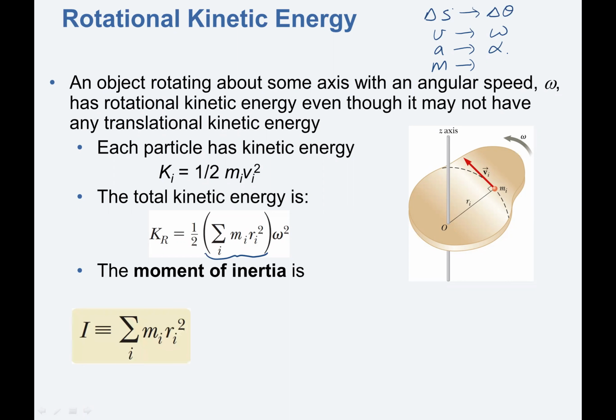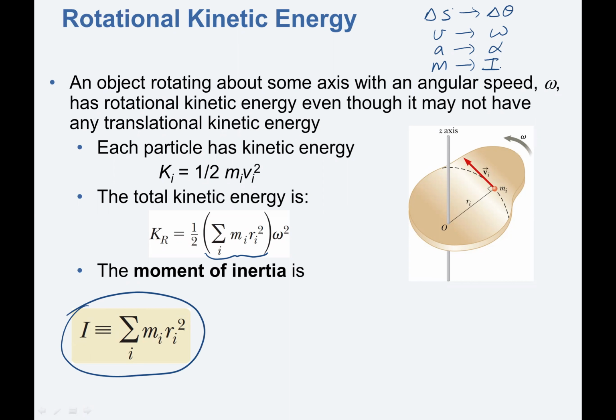And we are defining that sum in the parentheses, and we give it the symbol I. So we say that that's the moment of inertia of the system, the rigid object. And basically this is kind of equivalent. That means the moment of inertia is kind of like the mass equivalent.